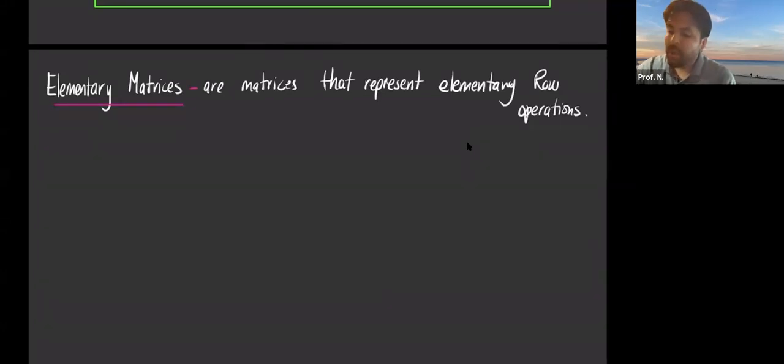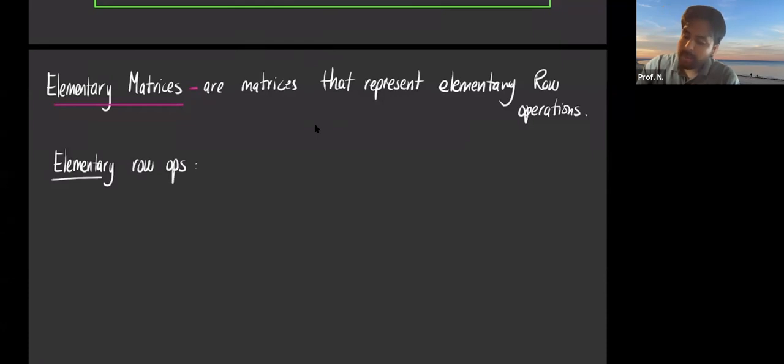So what are the elementary row operations? Does anybody remember? What are the elementary row operations? There are 3 of them.